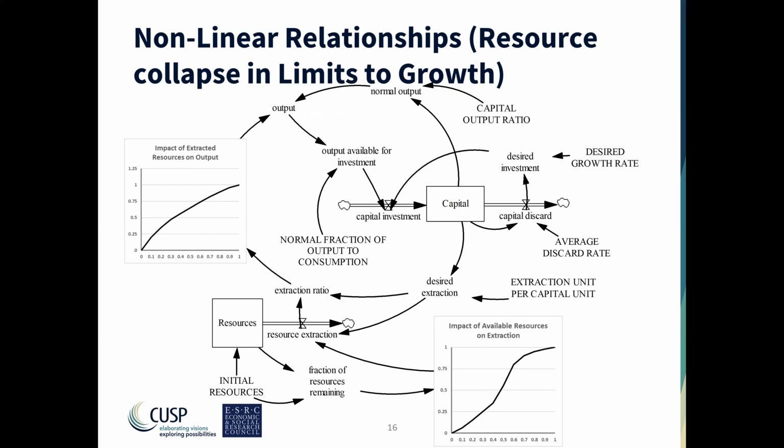And the extraction ratio, again, will have an impact from 1 going towards 0, the more the resources get extracted. As a result, the more we extract resources, the more the influence on output will go towards 0, till the point in which the actual output of the economy will never be sufficient to even create the investment to pay for the capital discard. And the result of it will be, as we saw in the limits to growth model, growth for a certain time and then collapse when resources deplete.